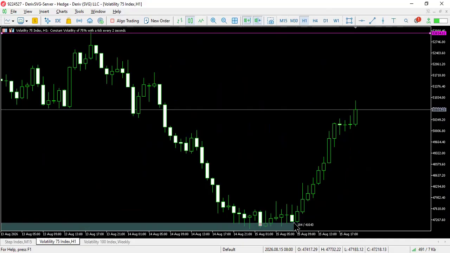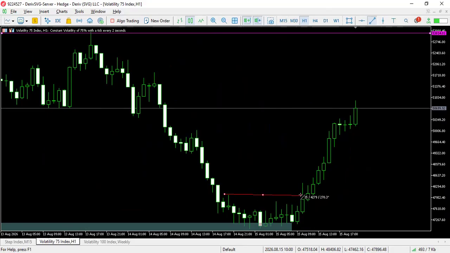We are pushing to the upside. Now we have this break of structure here.